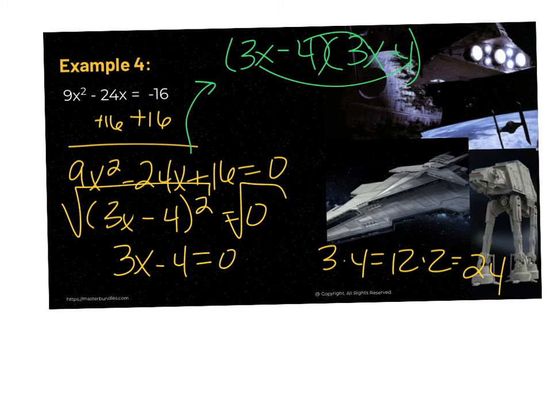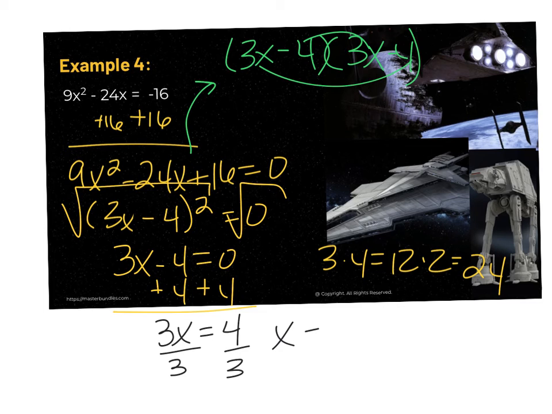Now I just solve for x. Square root of 0 is 0. So I add 4 to both sides. I get 3x equals 4, divide by 3. So I get x equals 4/3.